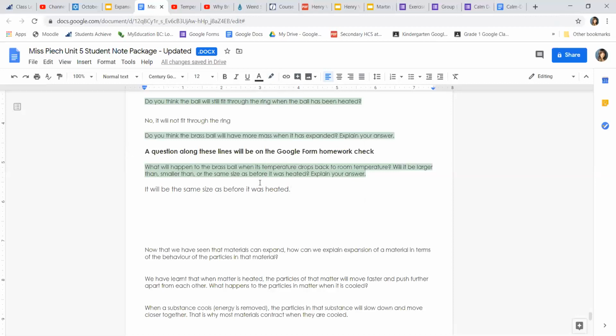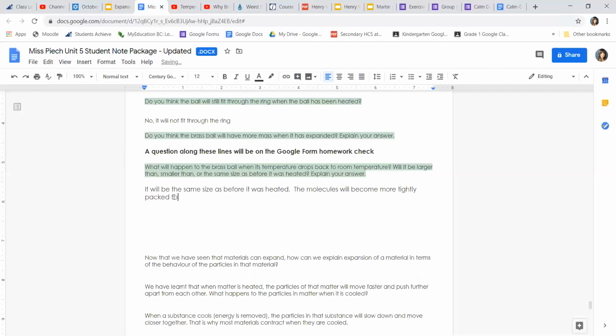So keep that in mind. It'll be the same size as before it was heated. The molecules will become more tightly packed together, reducing size to what it was before being heated. Okay, so that is your answer for that.